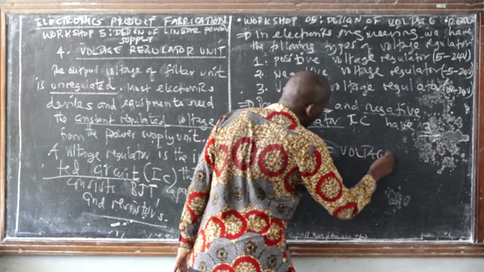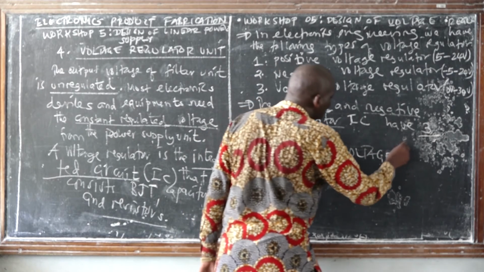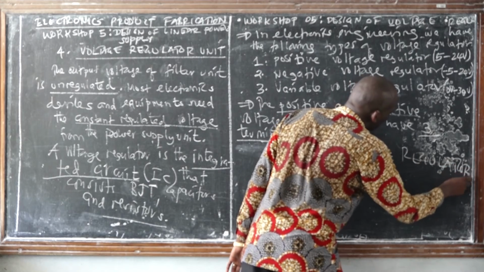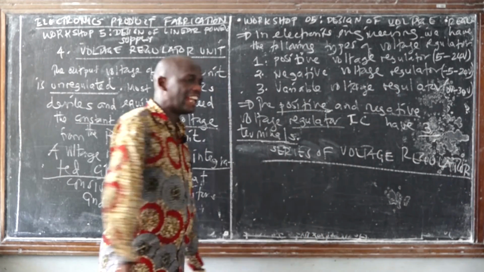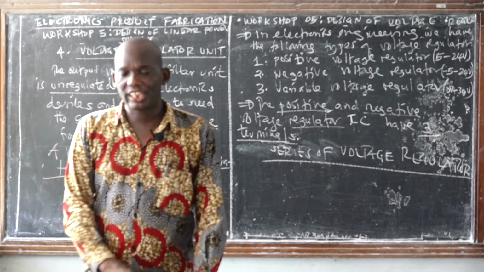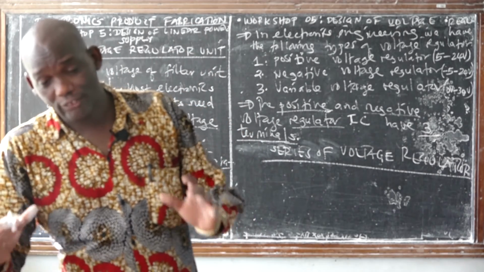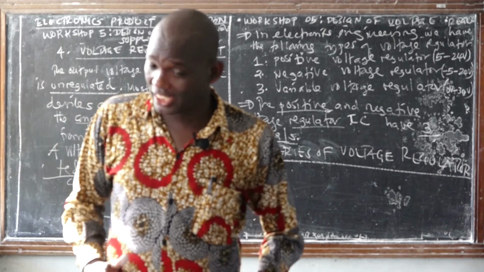Why do we specify voltage regulator? Why don't we call it just a regulator? Because in electronics, you can regulate voltage, or you can regulate current, or you can regulate power. Right? So the word voltage regulator is very important.